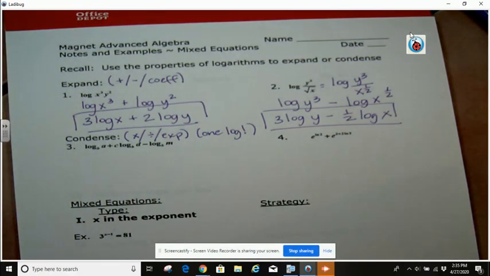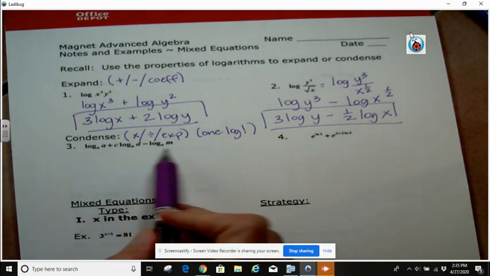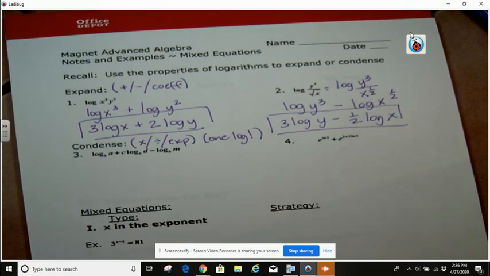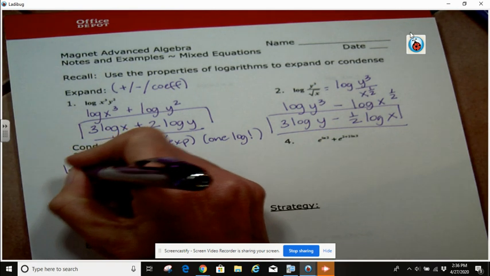To go the opposite way, very important to remember there's only one log on your final answer. I want exponents, multiplication, and division. So first thing I see is all the logs have the same base, log base b. So when I'm going the opposite way to condense, first thing I always do is take any coefficients and write them as exponents.